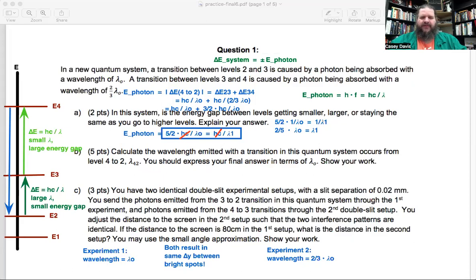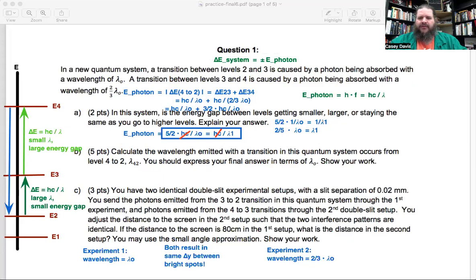What else is the same about these setups? What other values are going to be important in the double slit experiment equations? Actually, do you have an equation for the double slit experiment?